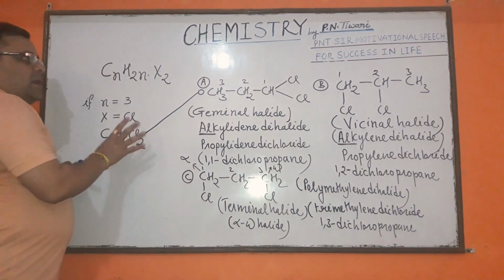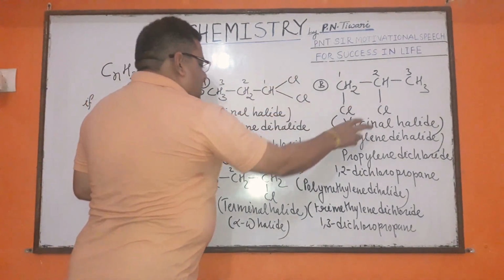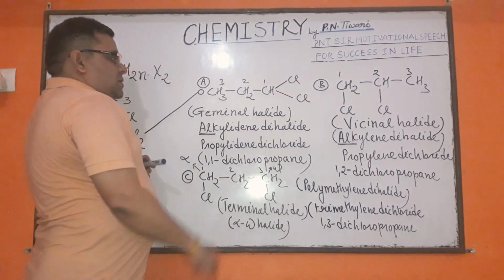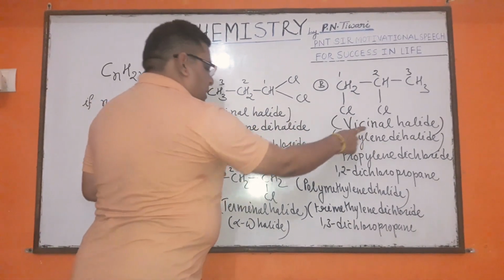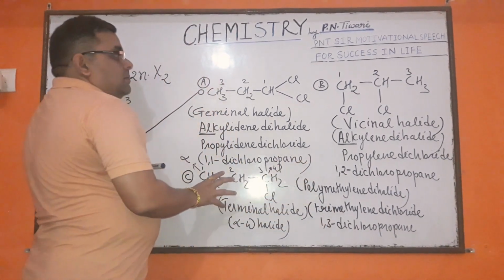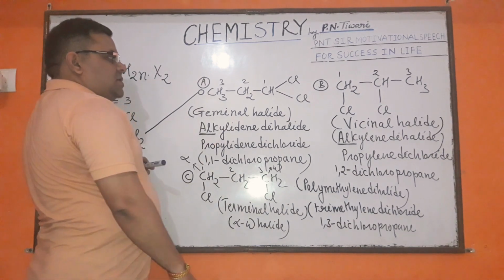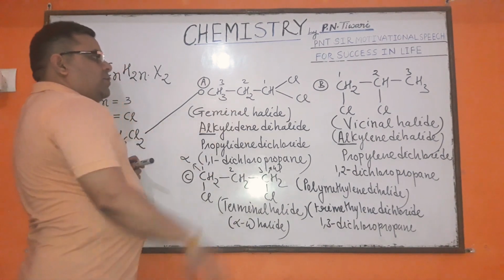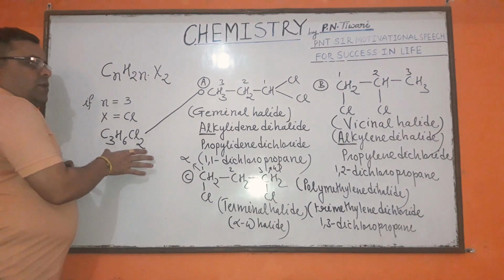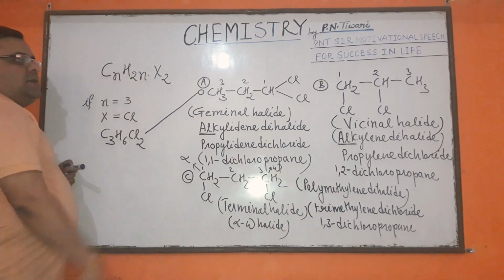Since they have the same molecular formula, but they have the different position of this functional group, therefore these are called position isomers of each other. Geminal halide, vicinal halide and terminal or alpha omega halide are position isomers of each other because they have the different position of functional group, but the same molecular formula. And these are the types of dihalogen derivatives.